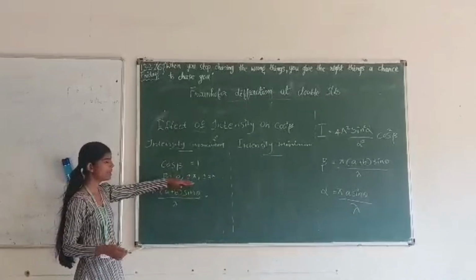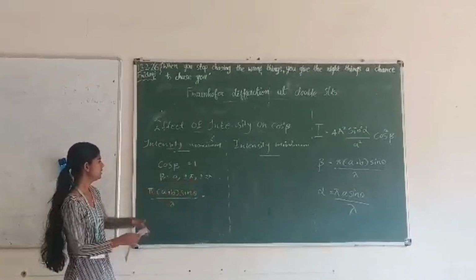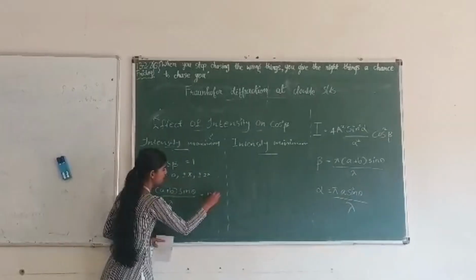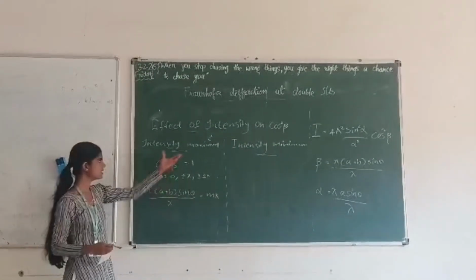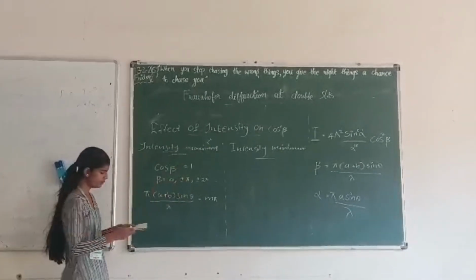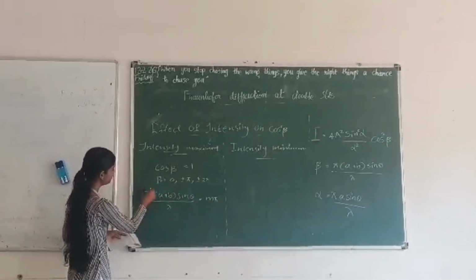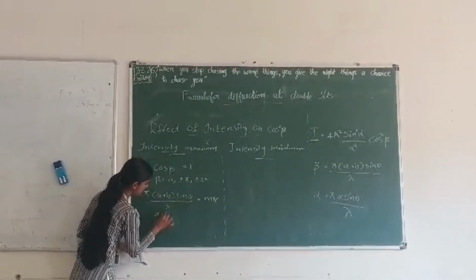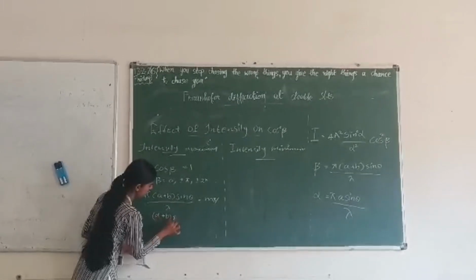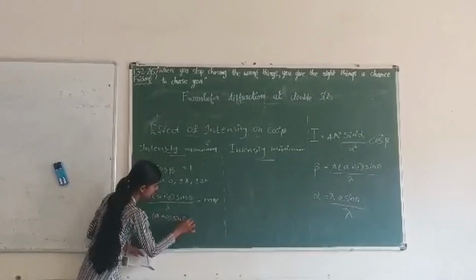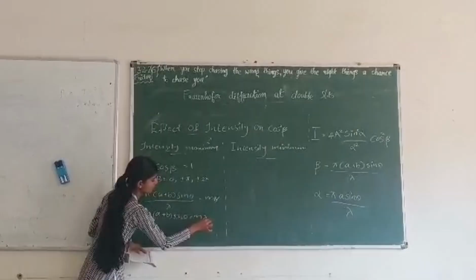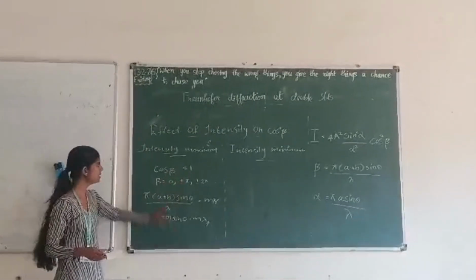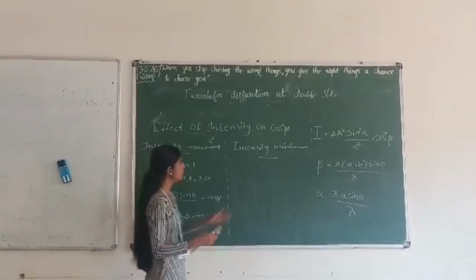Beta should be n pi, then only the condition will be satisfied. Here pi and pi cancel, so a plus b sin theta is equal to n lambda. This is the condition for intensity maximum.